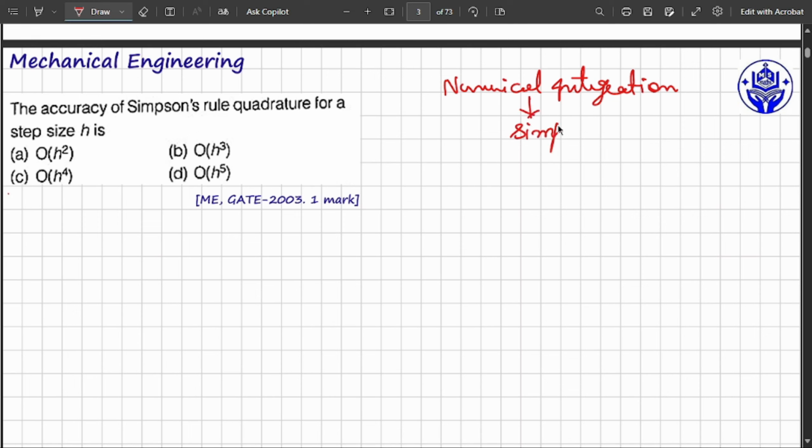They are asking about the order of the numerical integration, that is, the accuracy. Accuracy means the order in this case.